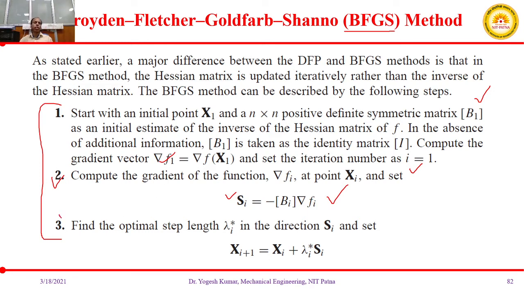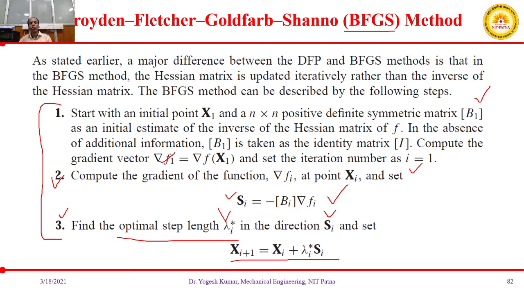Then, like the previous methods we have discussed, once you have identified your search direction, you calculate the optimal step length lambda i. For iteration number 1 this will be lambda 1, calculated in search direction S1.